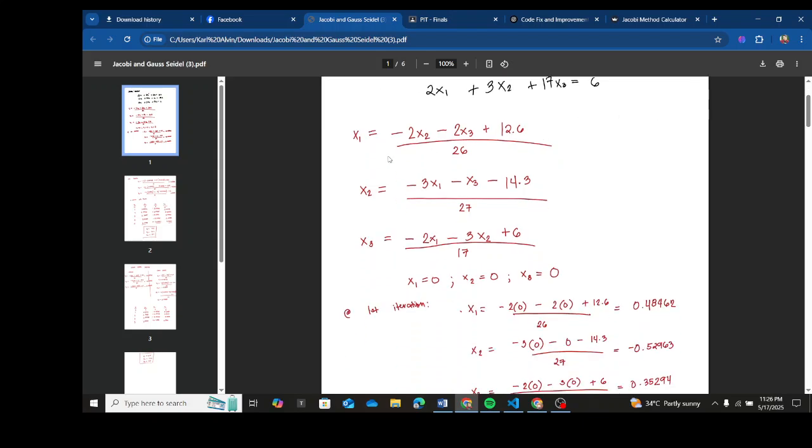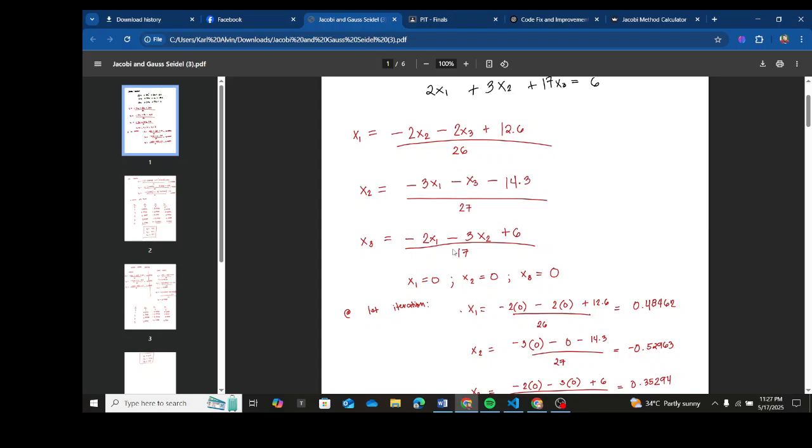Just follow what I do in the example, where x sub 1 is solved like this, as well as x sub 2 and x sub 3.